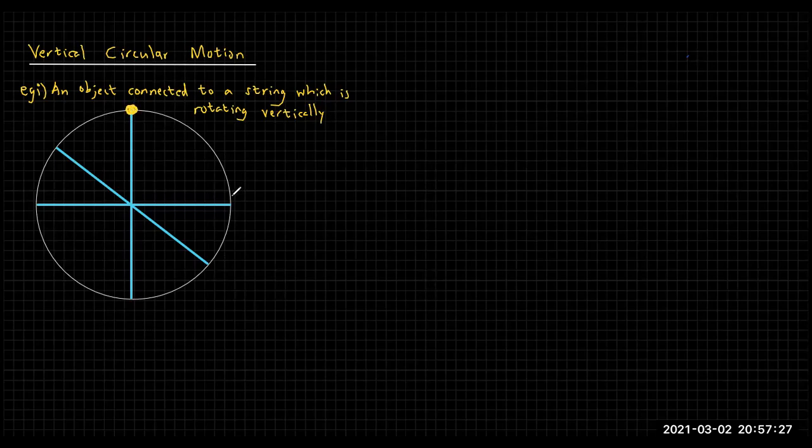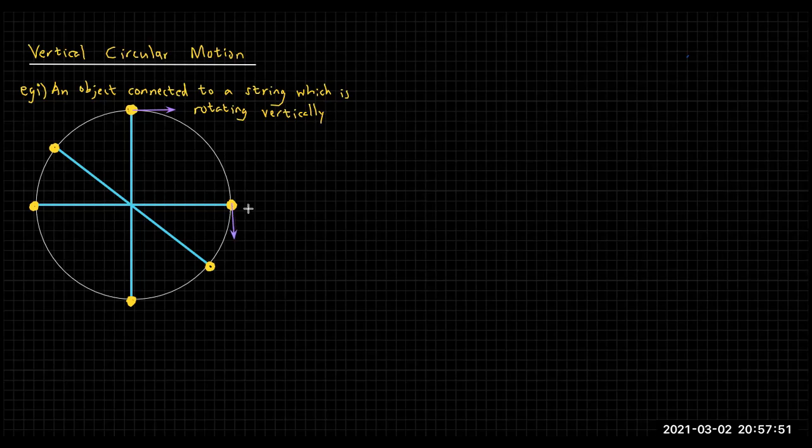Now the object is here initially. The object is here. Then the object is here. Likewise, the object is at different places. Now we all know when the object performs circular motion, we can mark something called tangential velocity. So let me mark the tangential velocities of the object. At this point, it will be in this direction. At this point, it will be vertically downwards actually.